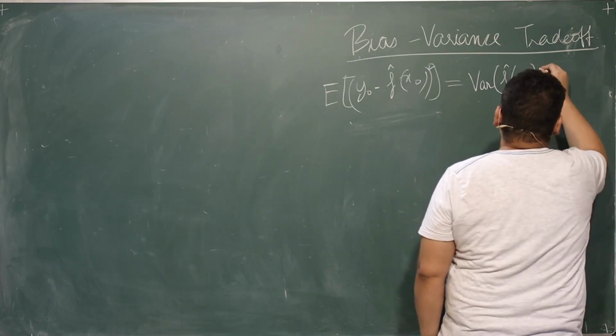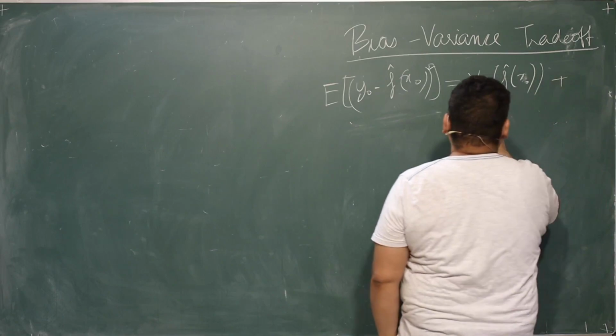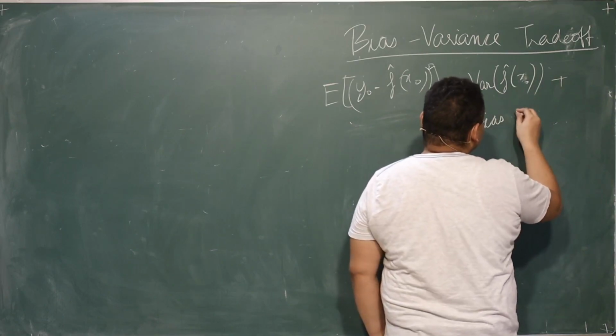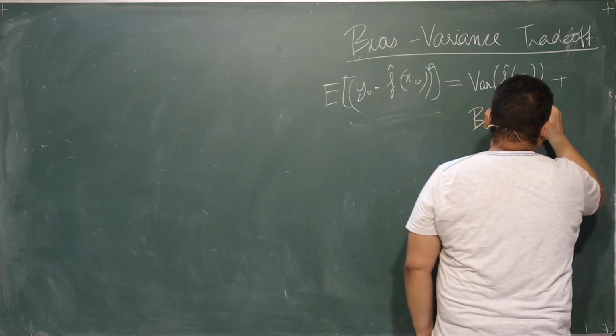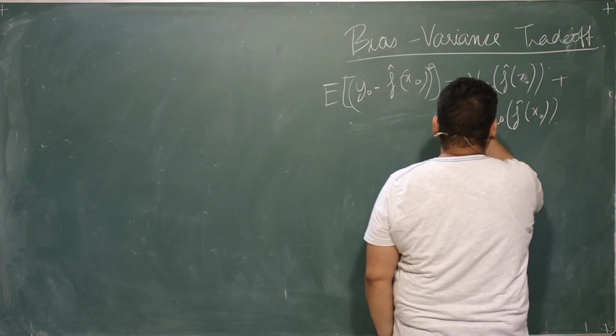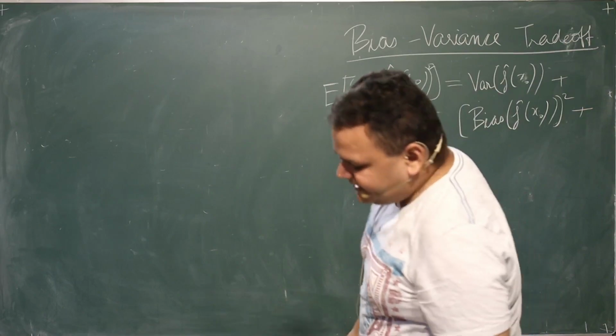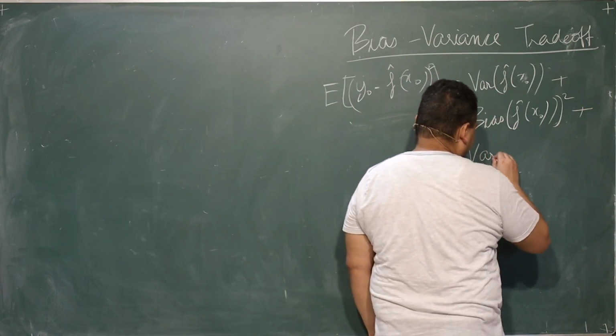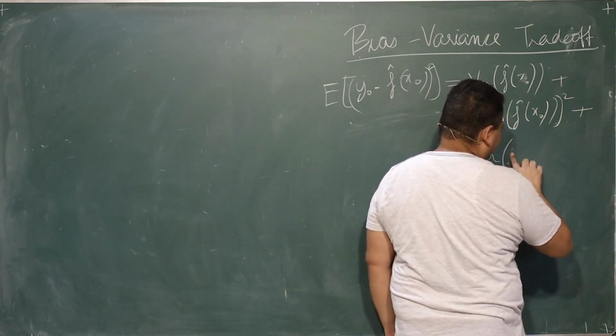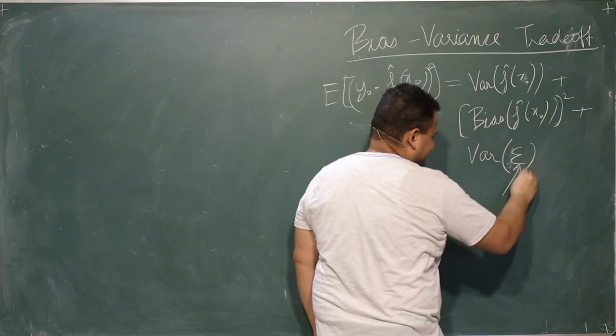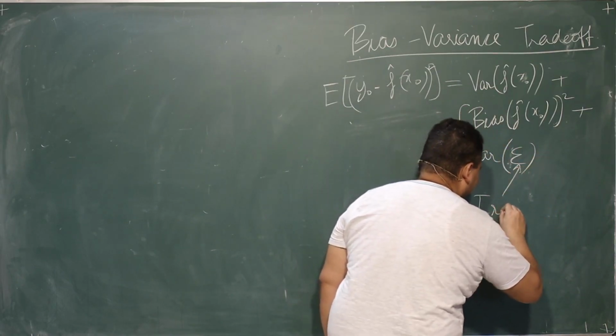The variance of f hat x0, plus the bias of f hat x0 squared, plus finally the variance of your irreducible error. So this epsilon is your irreducible error.